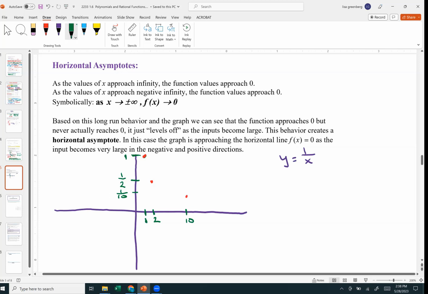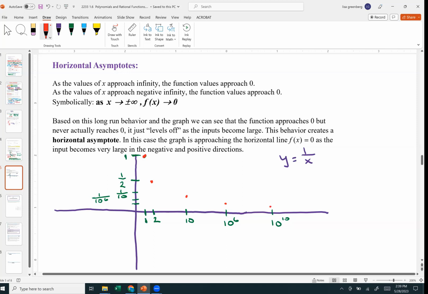When x equals 1 million, y is going to equal 1 over 1 million. So we have this point. And hopefully you can see that the larger my x values get, the smaller my y values get.